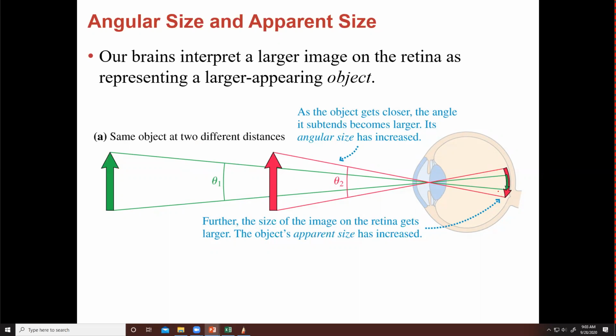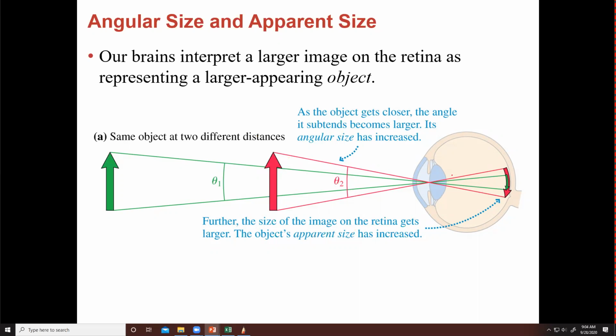One is bigger than the other. The image formed on the retina depends on the angle subtended by those objects at our eyes. The green one subtends this green angle, and the red one subtends this red angle, and the red one is bigger than the green one.